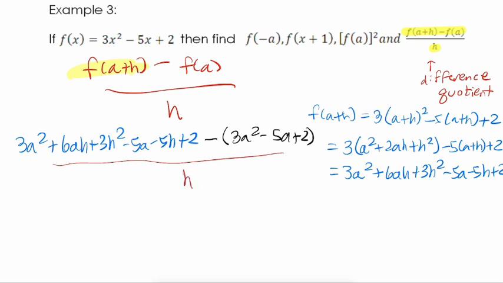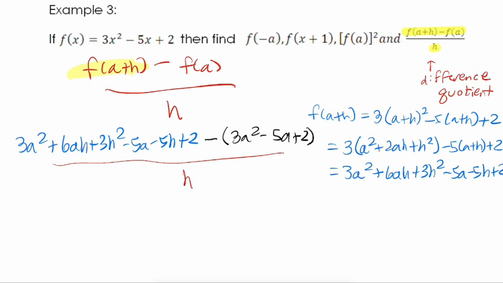When we're all said and done, you have to get to the point where the h can divide into the top. If at the final step the h can't divide into the top, something is wrong.